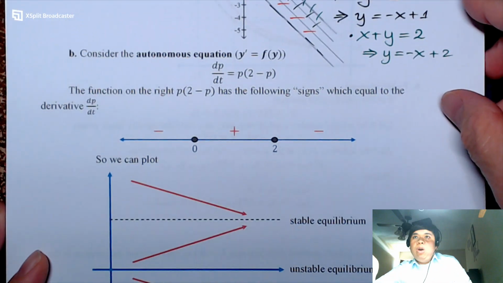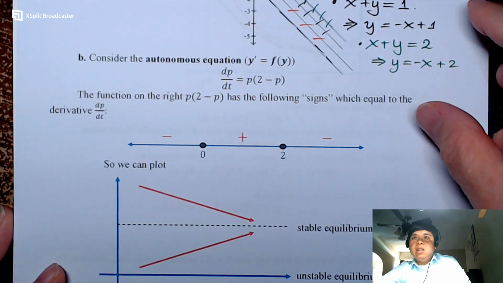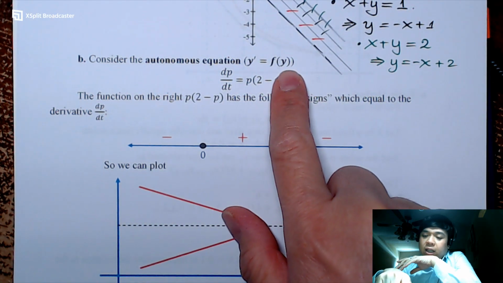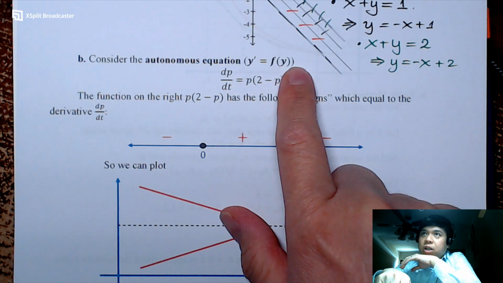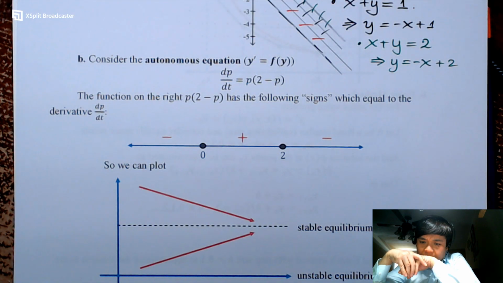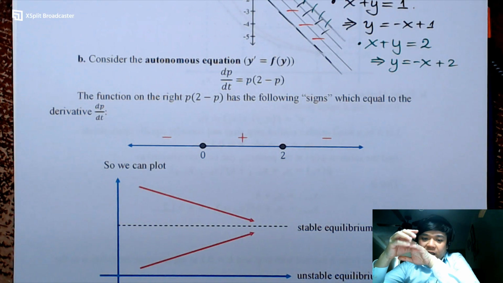Next, if we have a function where the derivative, the slope, only depends on y, we call that an autonomous equation. I just want to give one example here.